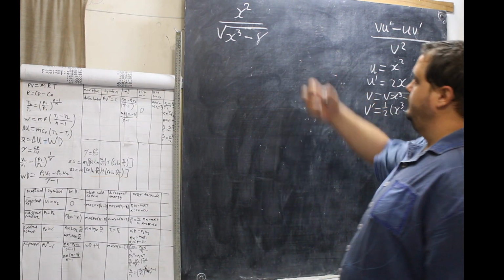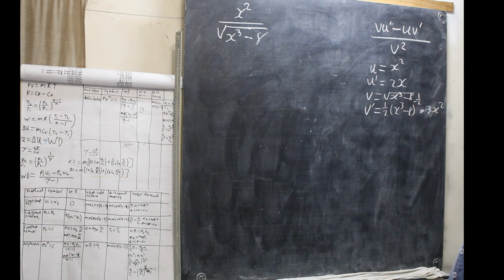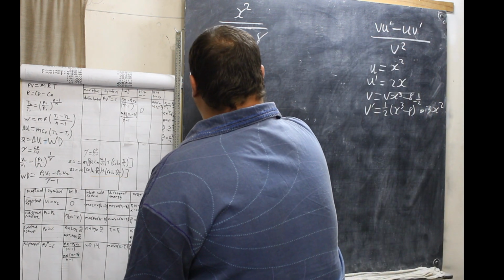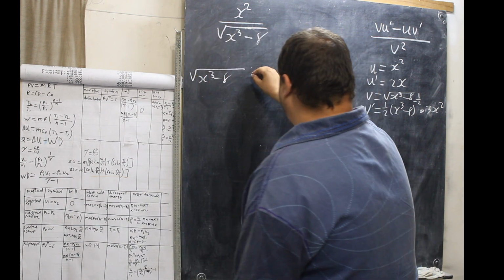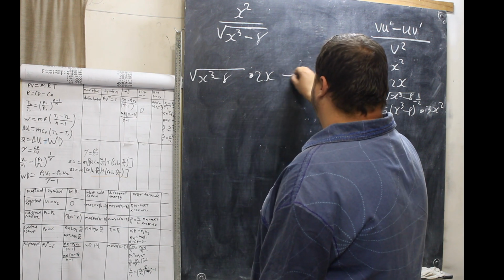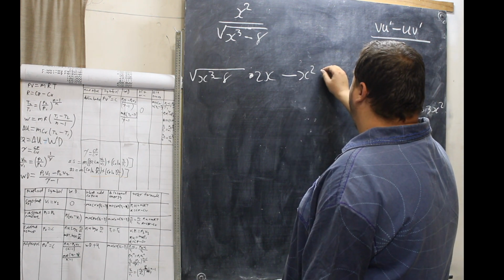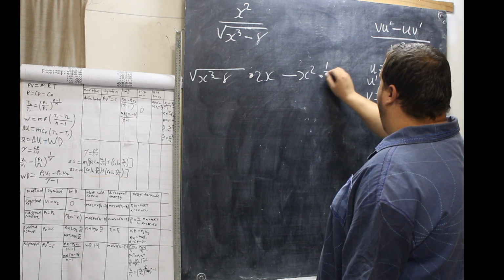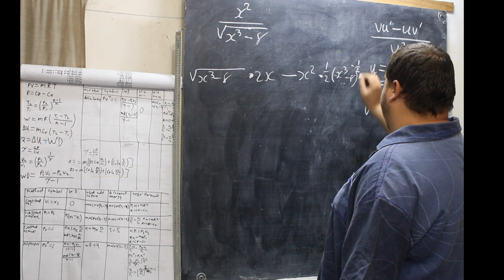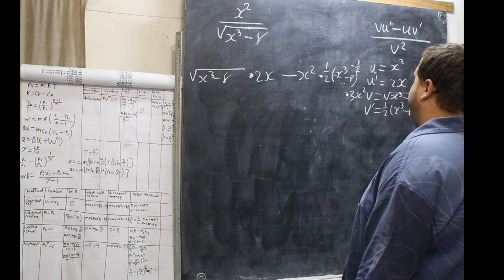Next, what we are doing is still quotient rule, and here is our basic things that we need to know. So let's go. V is the root of x cubed minus 8 multiplied by u prime, which is 2x, minus, now u is x squared multiplied by a half x cubed minus 8 to the power of negative a half multiplied by 3x squared.